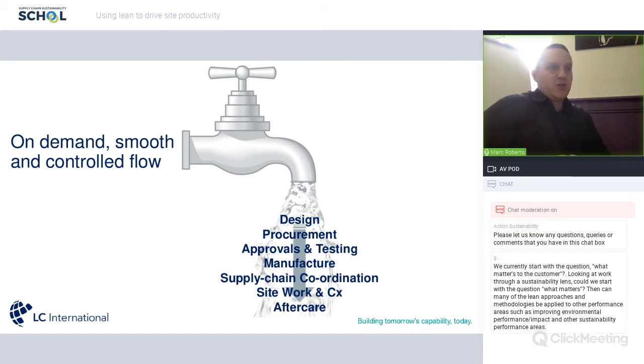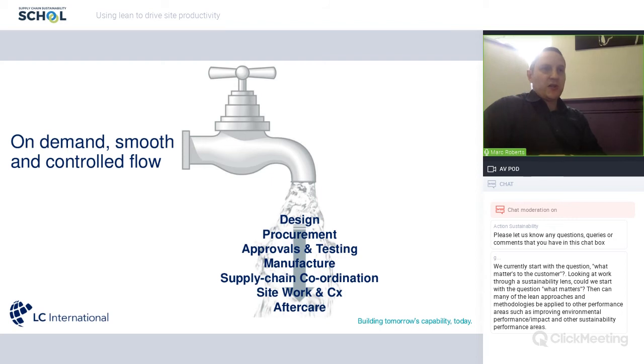If you think about the touch points from design to procurement and procurement to approvals and testing, and all the delays and time between each of these phases and stages, there are masses of chunks of time and opportunity.